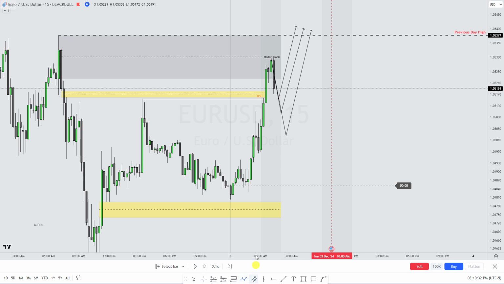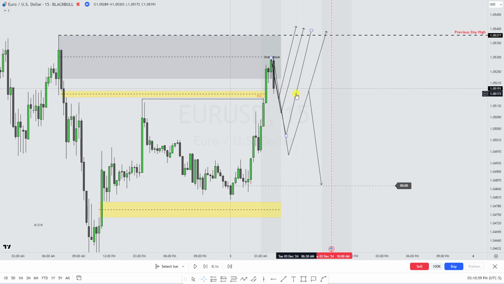Another scenario is that price can just drop from here, take out the sell side liquidity, and either do one of these, right? Or simply continue from here to take out previous day high. So these are all the scenarios that are in my head, right? Price can do any of this.